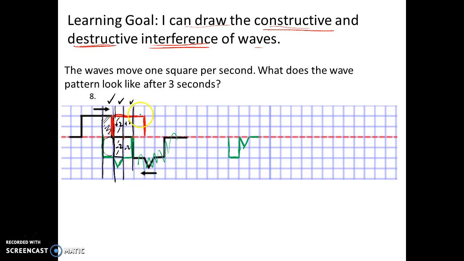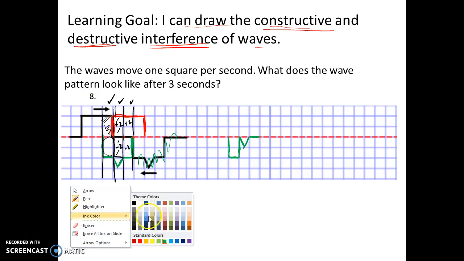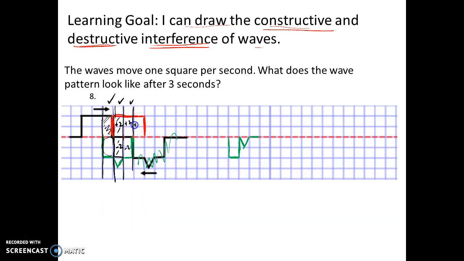That wave has moved over. So all I have is plus 2 over here, and from the green part I have nothing. My green wave has moved over. So then my wave pattern would go up to plus 2.